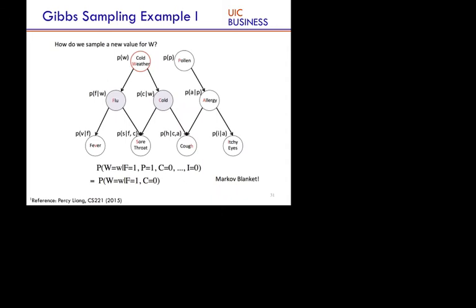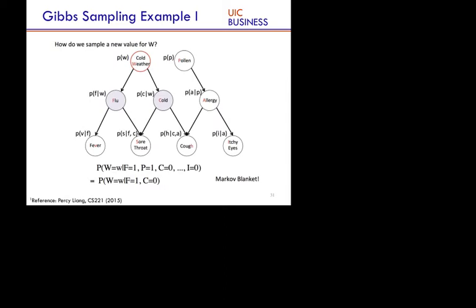So let's look at another example, and this is simpler. Let's say we want to sample from this directed graphical model. I think it's something related to medical diagnosis, where there are a number of random variables.